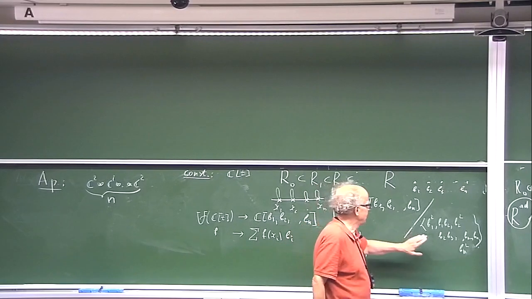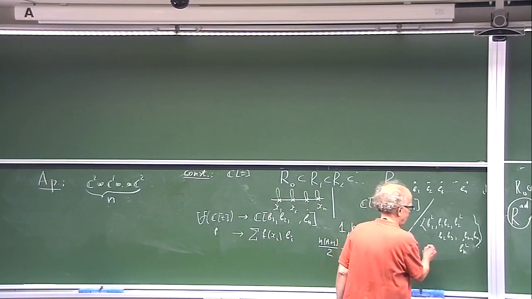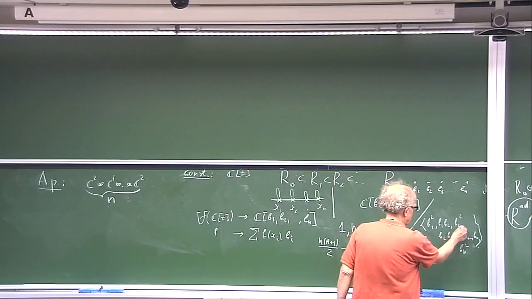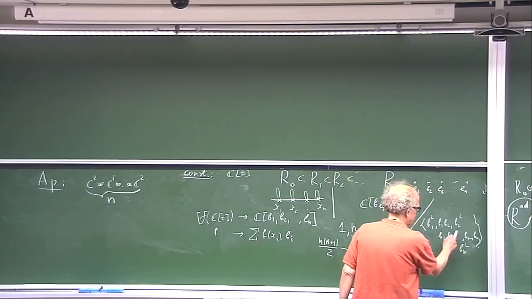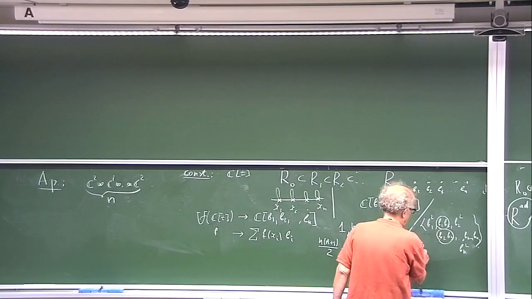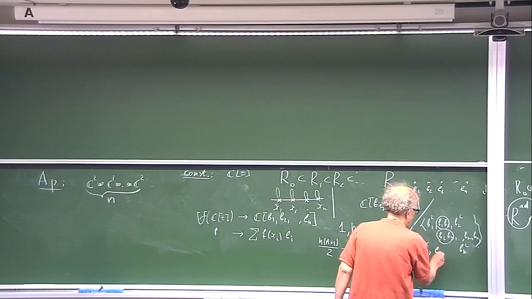For example, before, we considered the case where we did not have B2 B3 and so on. We had only B1 square, B2 square, and Bn square.